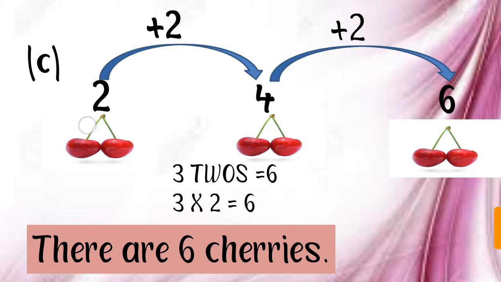Let's count: 1, 2, 3, 4, 5, 6. How many are these? 6. So we can say it like this: 1 2, 2 2's, 3 2's. So 3 2's equals to 6. 3 multiplied by 2 equals to 6. There are 6 cherries. Okay everyone.